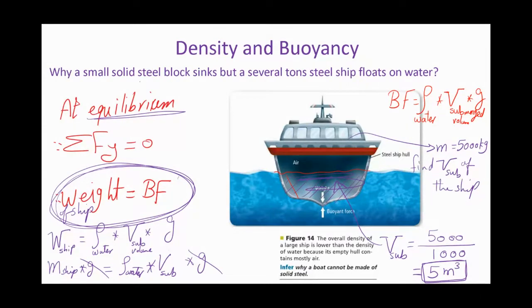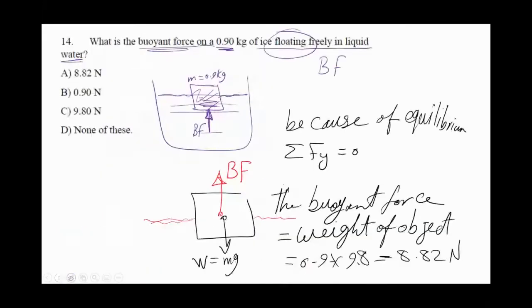The weight of the object. So we will calculate the weight of the ice, which is the mass of the ice times g. Mass of the ice 0.9 kilogram times g 9.8 gives you 8.82 Newton. So this is the buoyant force.